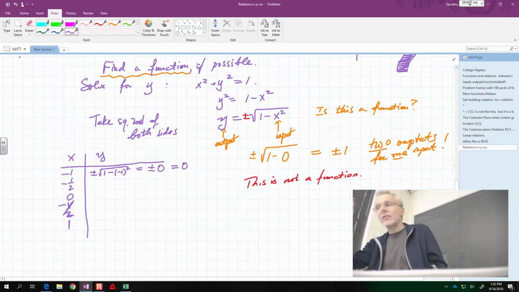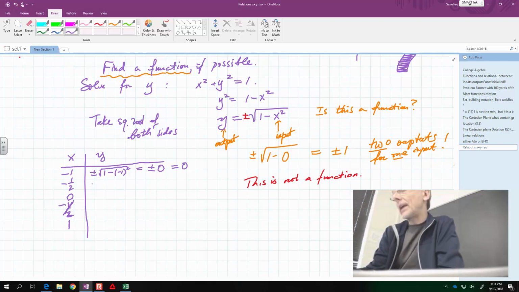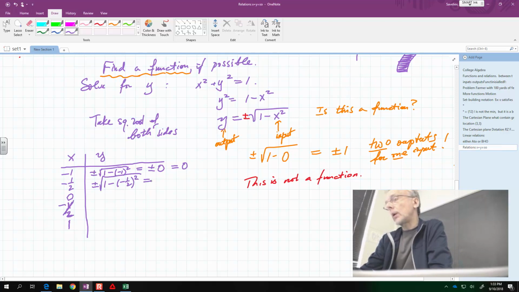Even though we have plus or minus, sometimes you might get 1 answer. But if I plug in negative 1/2, I have plus or minus square root of 1 minus negative 1/2 squared, so 1 minus 1/4, or plus or minus square root of 3/4. Okay, so 2 answers.